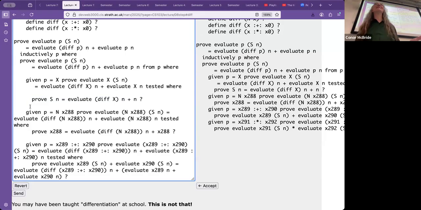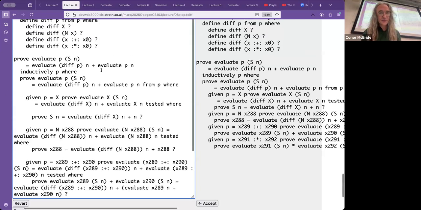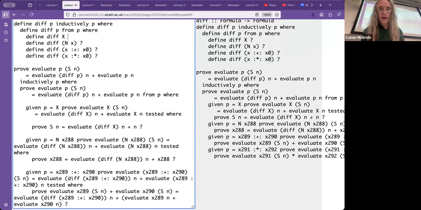So do you know what it is? What number do you have to add to n to get successor of n? It's 1. So the difference in the variable has got to be the numerical constant 1.